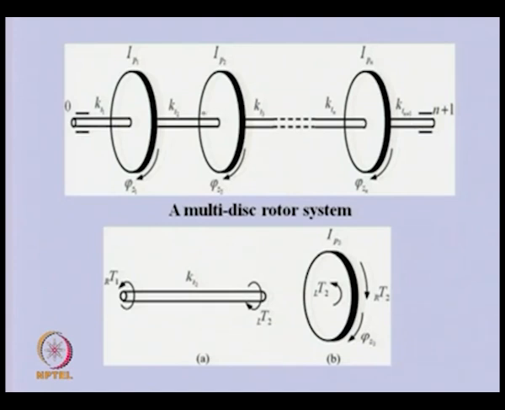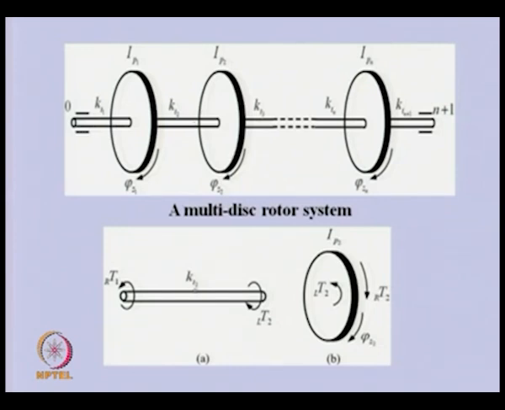This whole shaft is supported on frictionless supports, but as such we will not have any problem with the boundary conditions, because boundary conditions will come at the end of the problem.